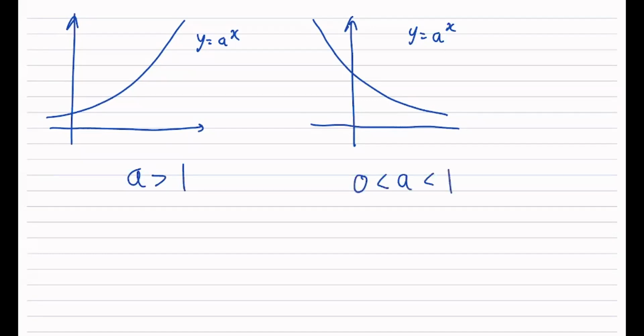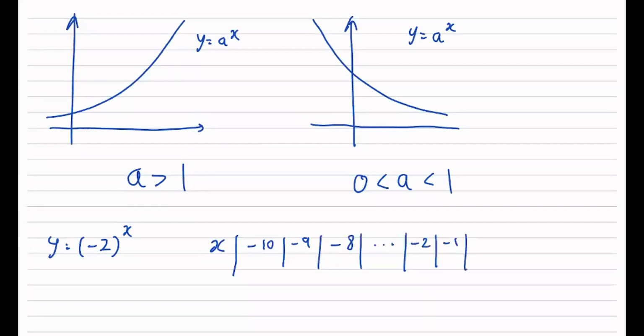Can you have a to be negative? No. Base as negative? Cannot. Maybe you can, but if you try to plot the points, for example, y equals negative 2 power x, you can plot a bunch of points. X equals minus 10, minus 9, minus 8, all the way to minus 2, minus 1, 0, 1.